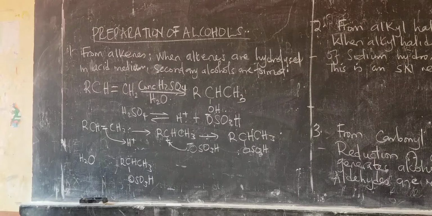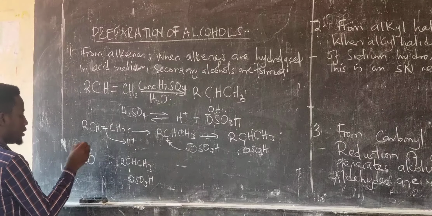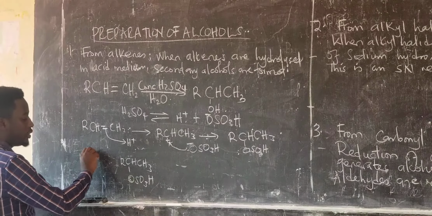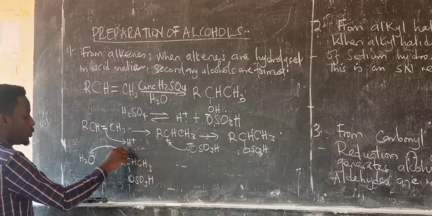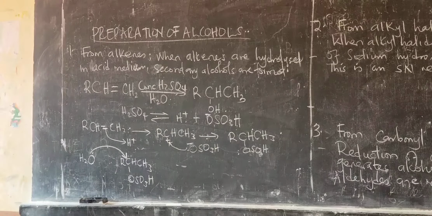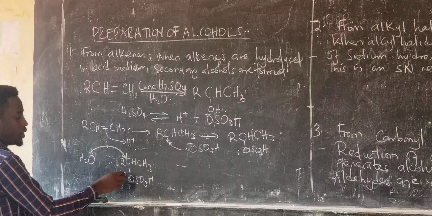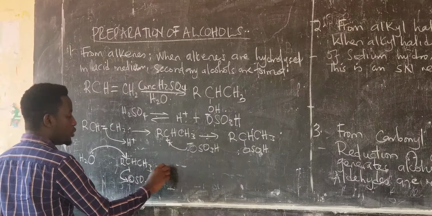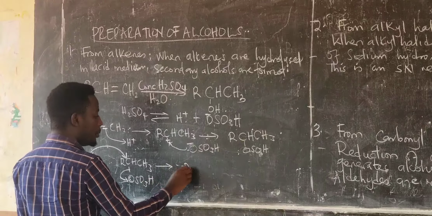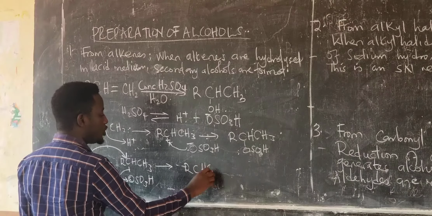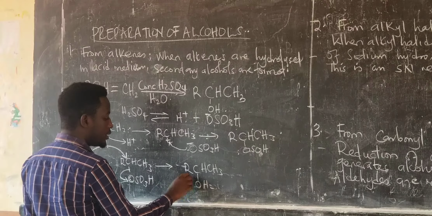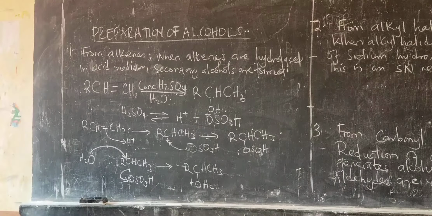What happens is that this oxygen has one pair of electrons, so it uses them to attack that carbon, and then it forces this bond to break off. When it forces that bond to break off, you form RCH, CH3, then OH2 plus.